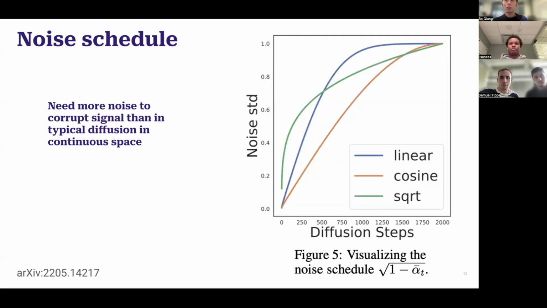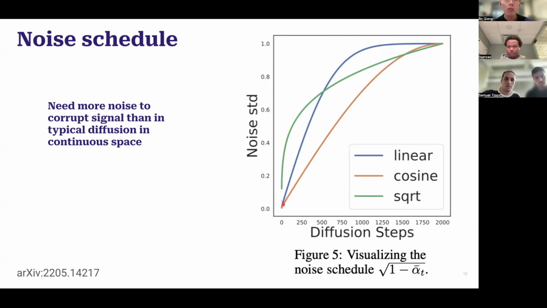In terms of choosing a noise schedule, this was quite important for our task. Doing this in discrete space, it becomes easy for the model to just argmax the sequence, especially at low time steps, depending on what kind of schedule you use. This came from work on language model diffusion, where they showed that with the square root formulation of the schedule, where you space the alphas along a square root schedule, when you visualize the standard deviation you'll be using to sample the noise, you can see that this square root schedule scales quite quickly.